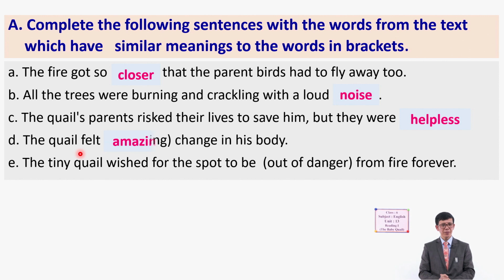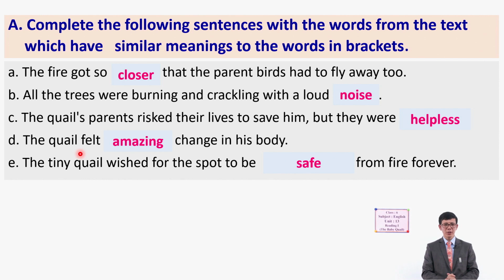That means amazing. The quail felt amazing change in his body. And the last one, can anybody try? Good, you have already found the word. That means the tiny quail wished for the spot to be safe from fire forever. Okay, thank you very much. You have got all the similar words from the text.